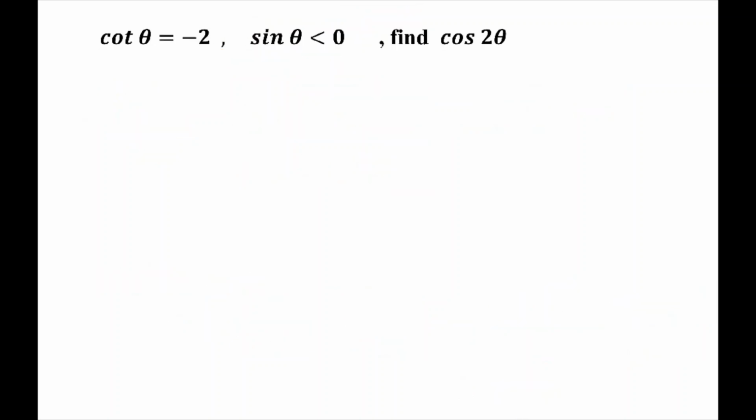Okay, in this question here, cotangent is negative 2. So that's going to be negative 2 over 1. Cotangent is the reciprocal of tangent, so that's going to be adjacent, and this is going to be the opposite. Sine is negative. They want us to find cosine 2 theta. Now cosine 2 theta is equal to, there are 3 formulas, you can use any of them.